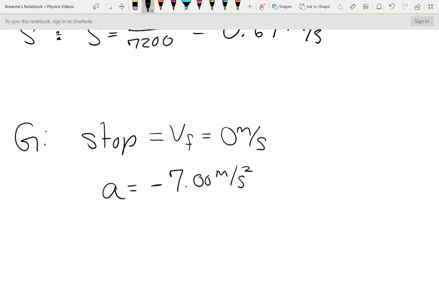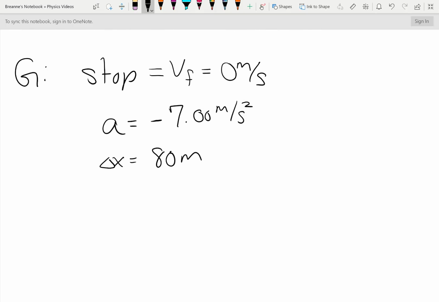So we're wanting to know the velocity of the car before braking. So we're given final velocity, we're given acceleration. And oops, I forgot a given. We're given displacement. It says that the skid marks are 80 meters long.